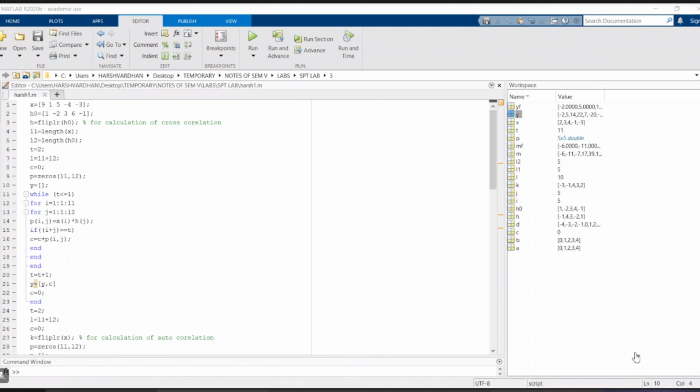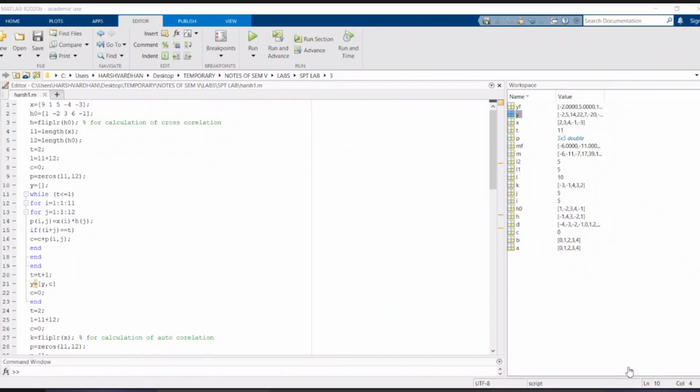Okay, you have used the command flip. What is the function of this y is equal to, the square brackets, what is that matrix?